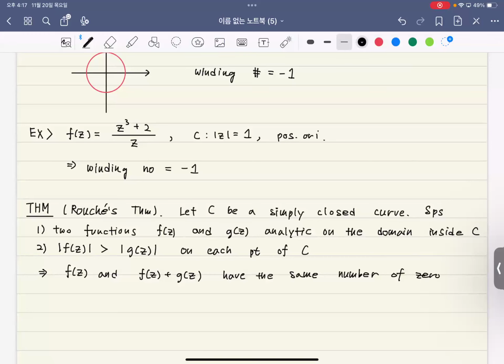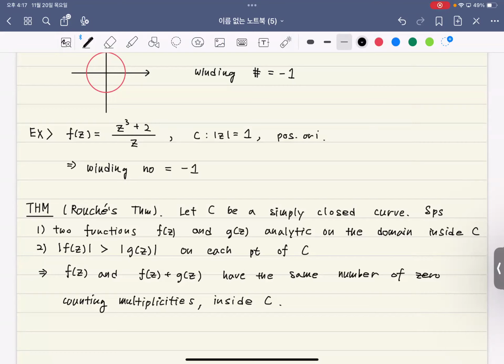There should be no poles because we are assuming that these two functions are analytic. So, the same number of zeros, counting multiplicities. These two functions have the same number of zeros in the region enclosed by the curve.